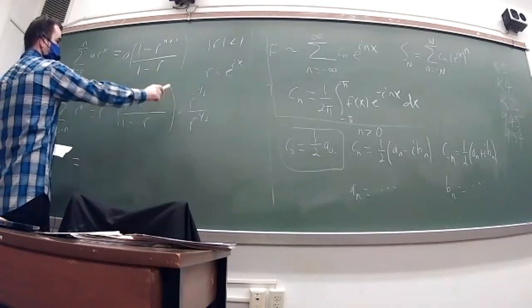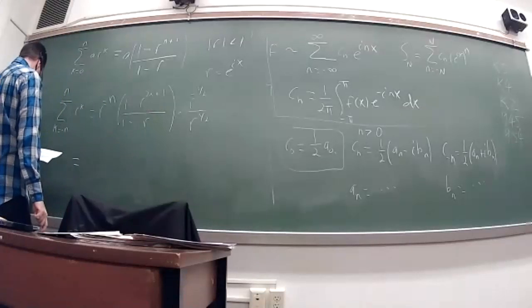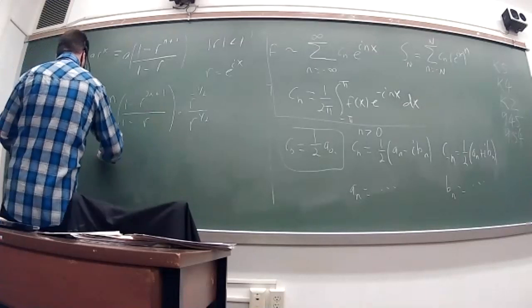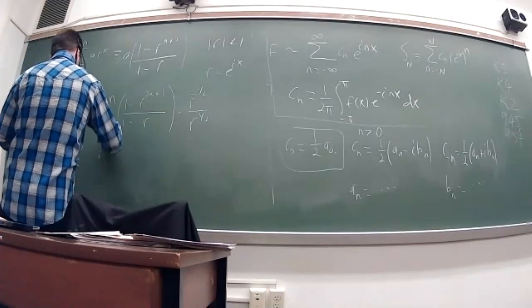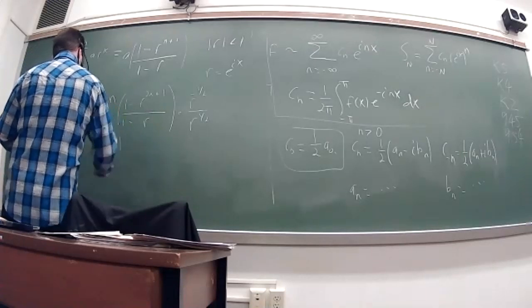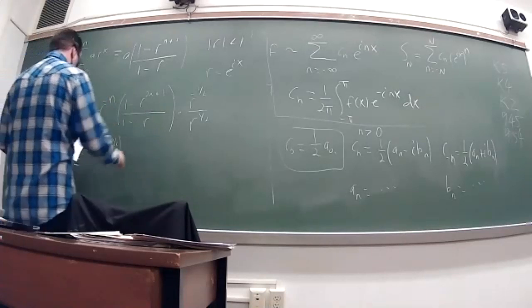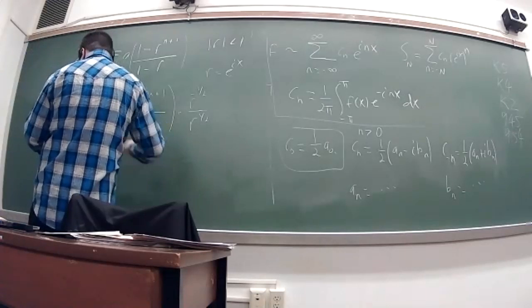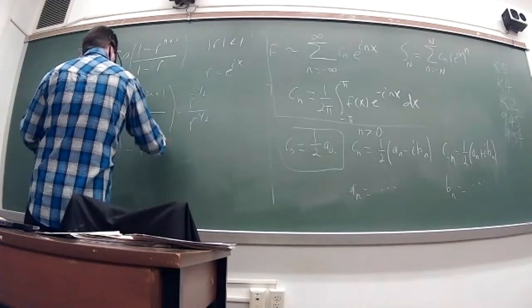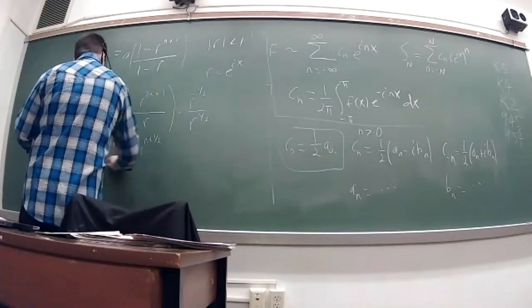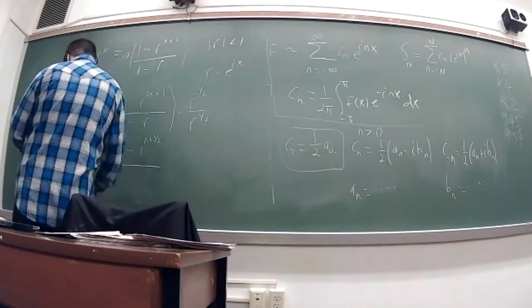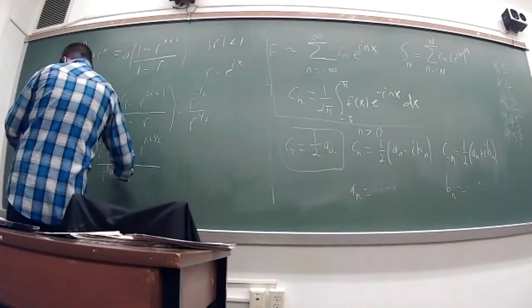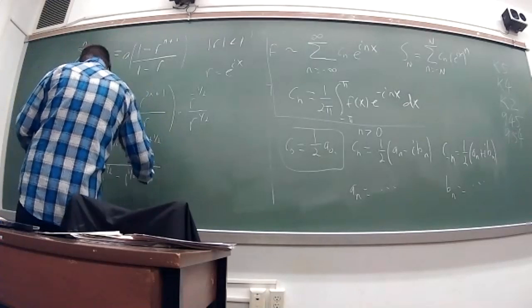So r to the n times r to the minus 1/2 gives me r to the minus n plus 1/2. And the second term is minus r to the n plus 1/2, everything over r to the minus 1/2 minus r to the 1/2.